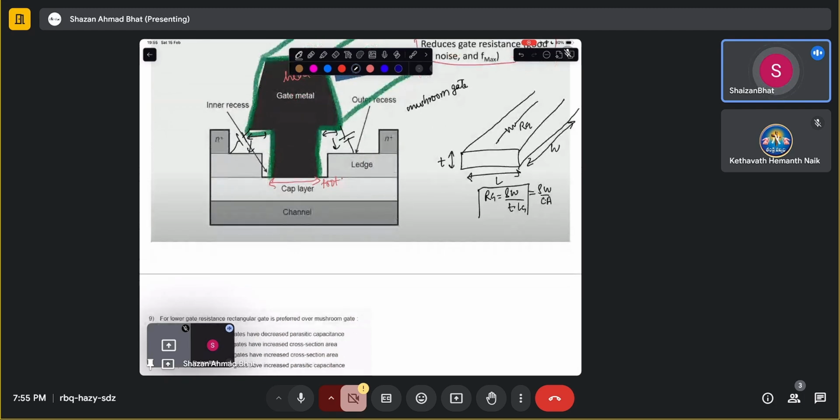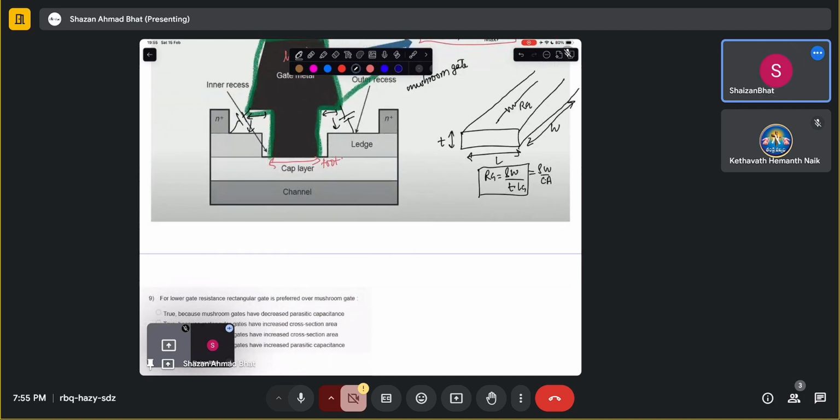So if you lower the Lg, RG is going to increase. And if you increase the T, the RG is going to reduce. So you want to reduce it.